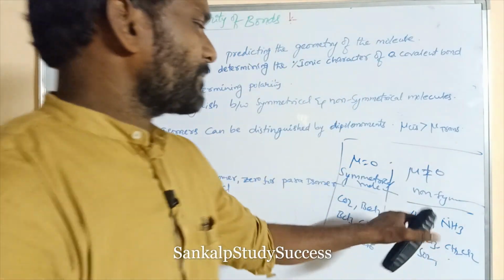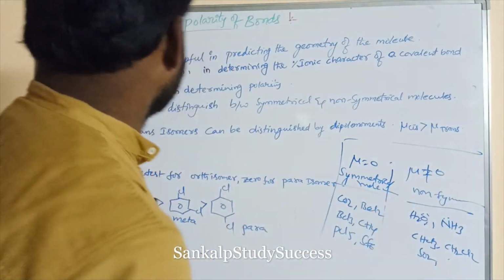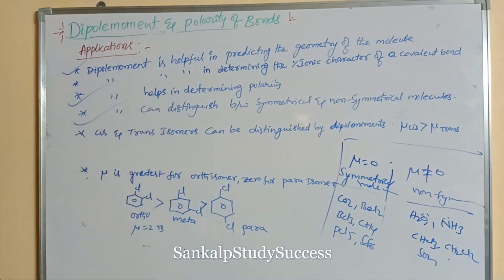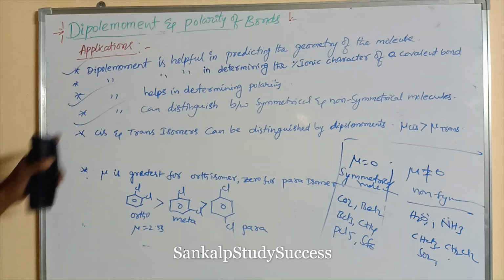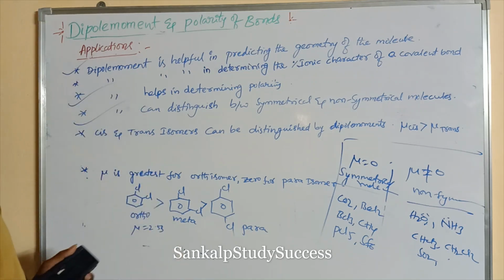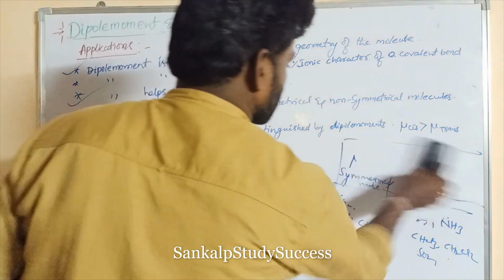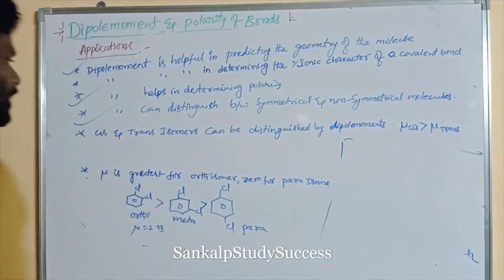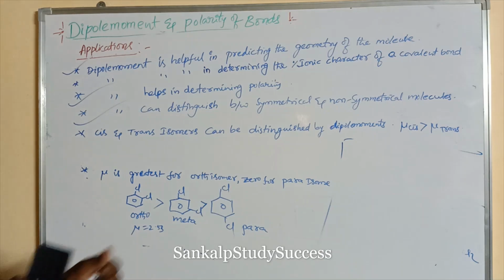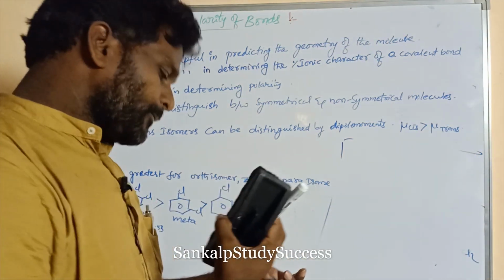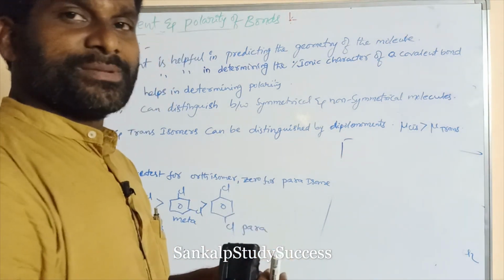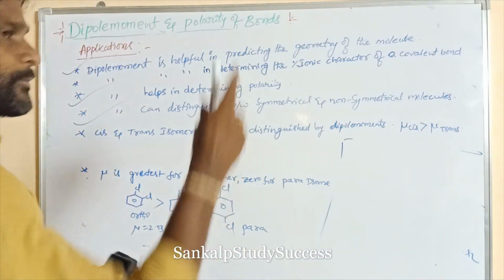So this type of molecules are non-symmetrical molecules. And the fourth one is also over. Dipole moment can distinguish between symmetrical and non-symmetrical molecules. Now cis and trans isomers can be distinguished by dipole moment.